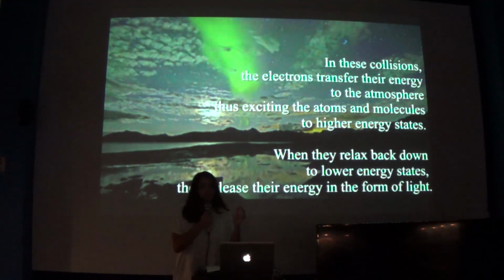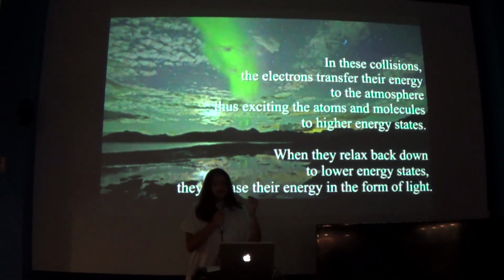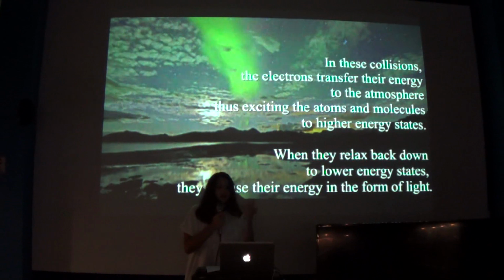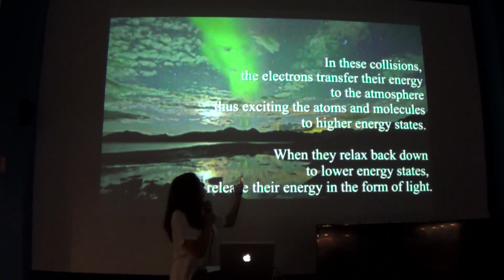In these collisions, the electrons transfer their energy to the atmosphere, thus exciting atoms and molecules to higher energy states. When they relax back down to lower energy states, they release their energy in the form of light.